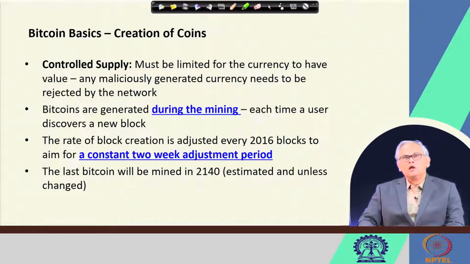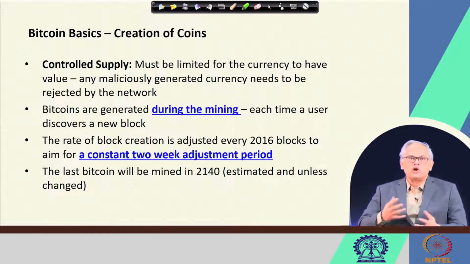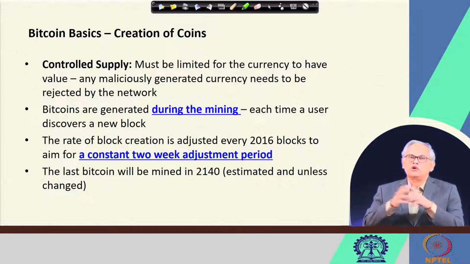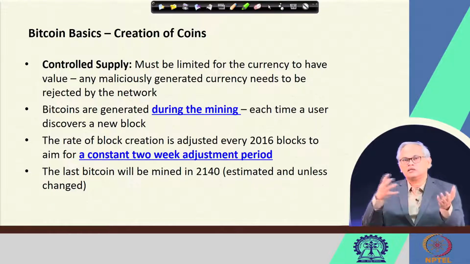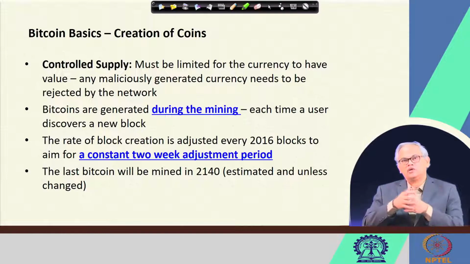So, if we see the generation of the coin, it is a currency, so there should be some way of so-called minting the coins. Like any other currency we see in practice, we have the mints which mint the coins, and we also have notes printed.